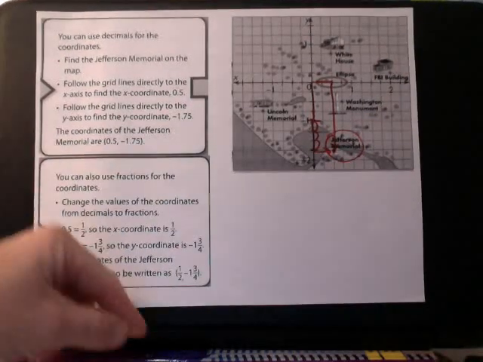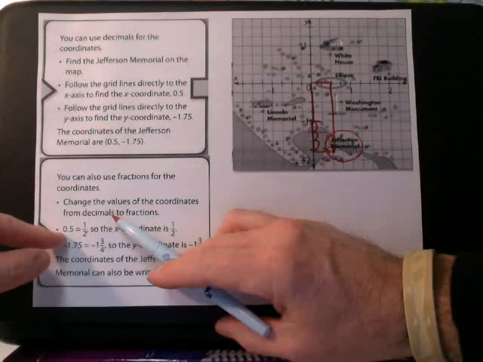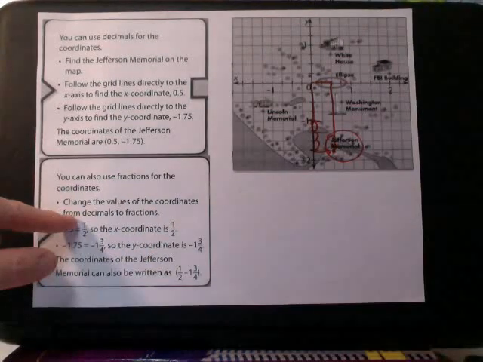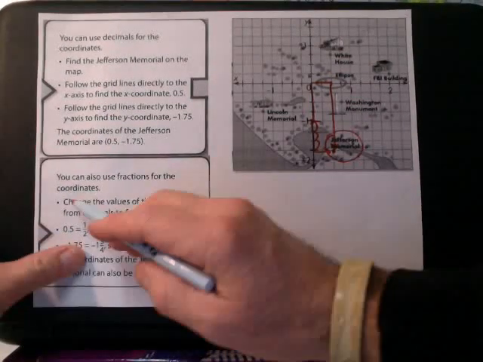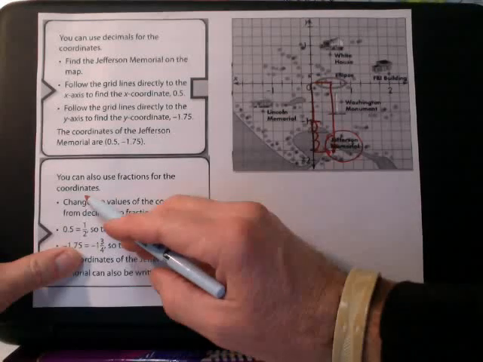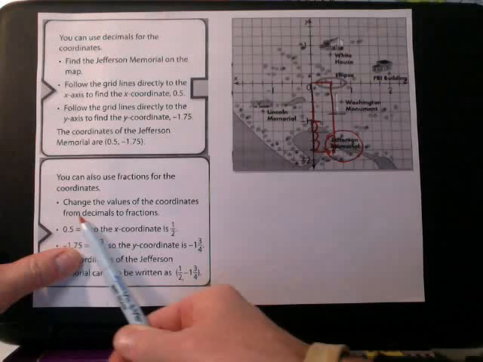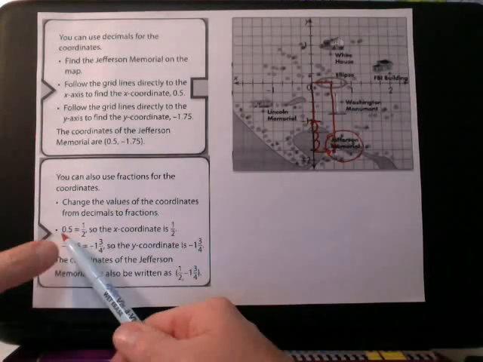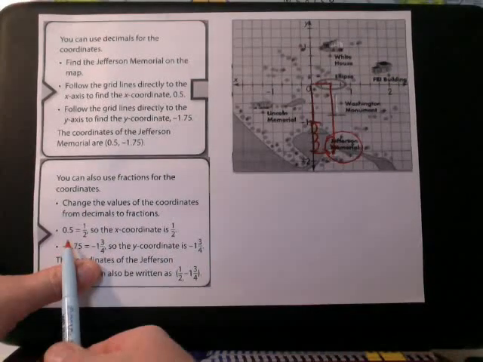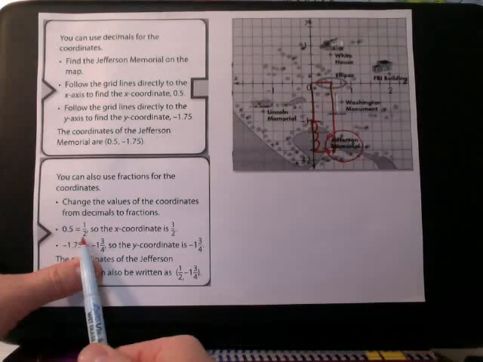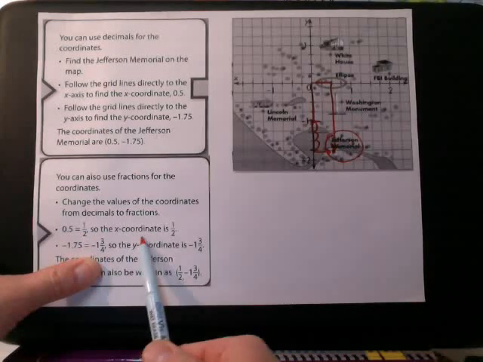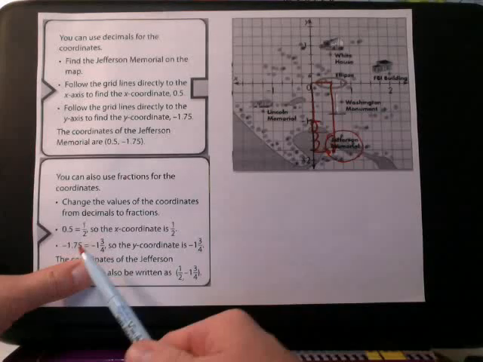The book then goes on to reinforce the idea that you can convert your decimals into fractions. You can also use fractions for the coordinates. Change the value of the coordinates from decimal to fraction. You can see in your book that 5/10 is equal to 1/2, so the x-coordinate is 1/2 as a fraction.